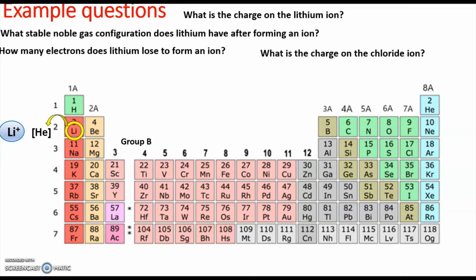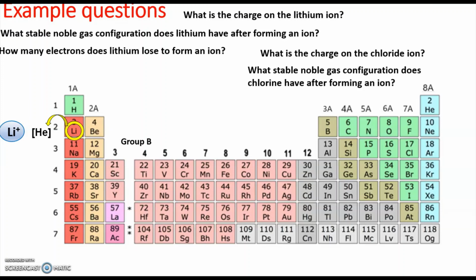All right, so for another one, what's the charge on chloride? What stable noble gas configuration? How many electrons does chlorine lose? All right, so over here is chlorine. The answer on the last one is it does not lose any. You'll sometimes see a question like that, and it's meant to make sure that people are paying attention and know what's going on with electrons being lost or gained.